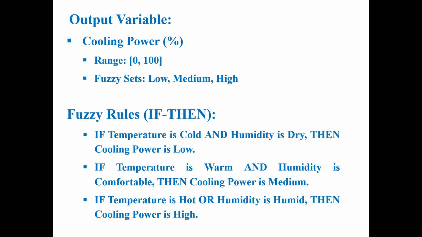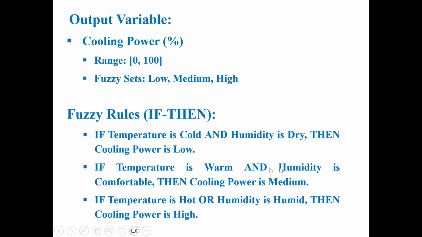But the two must be obeyed for cooling power to be minimum. But the third rule is making use of or. If temperature is hot or humidity is humid, anyone that is satisfied here will make cooling power to be high.